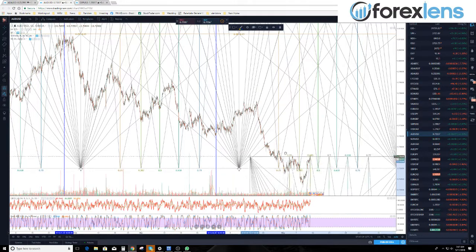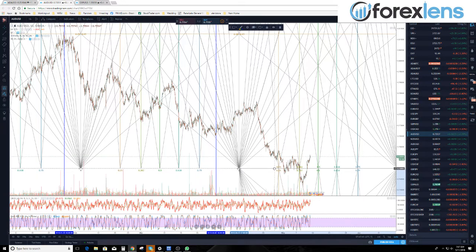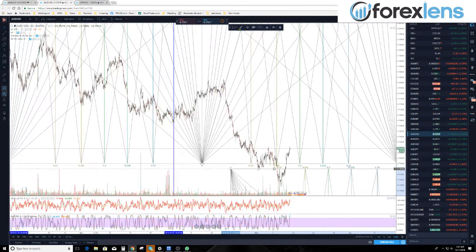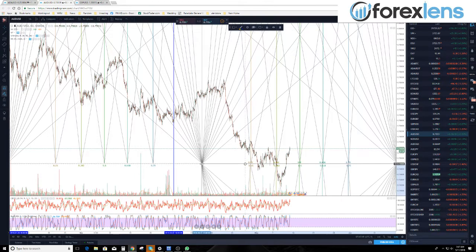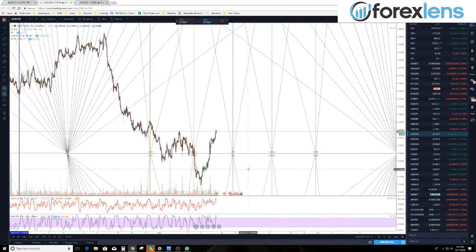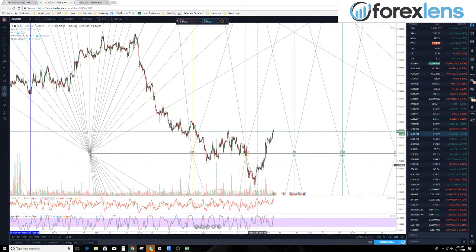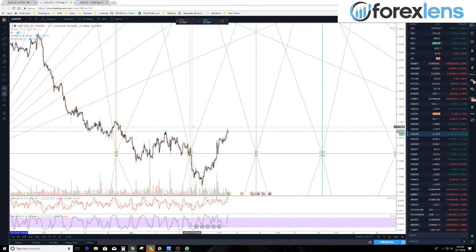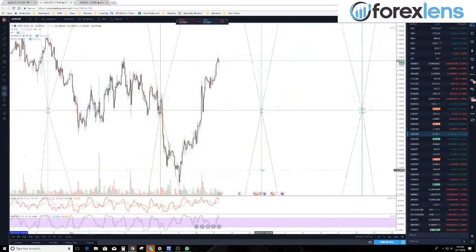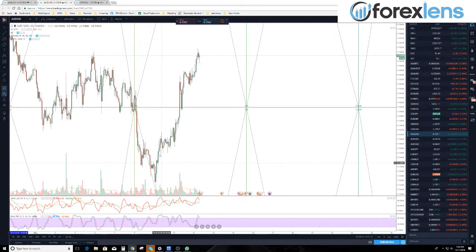Because once you get your squares, then you just place them next to each other and repeat it. Okay, we're good.